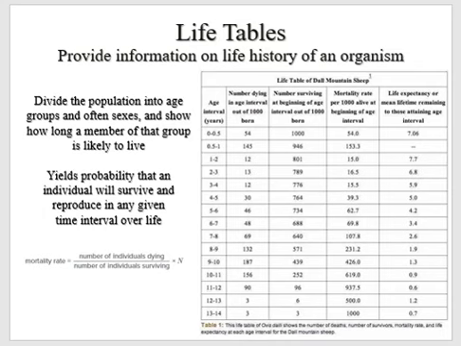Now, when you look at life tables, they divide the population into age groups, and some of them will further divide that population not only into age groups but also groupings of gender. And they will show again how long a member of that group is likely to live. Right, so an individual of this age group and of this gender is likely to live for this many consecutive years following, and has a probability of X amount for surviving.